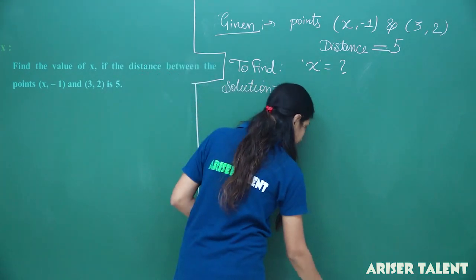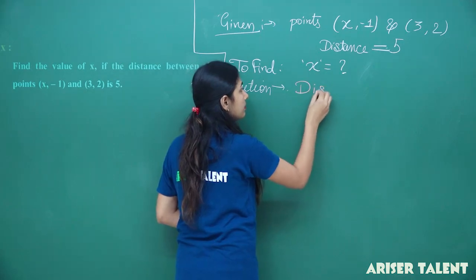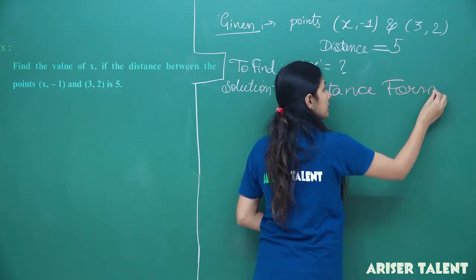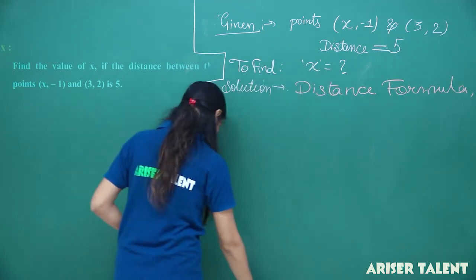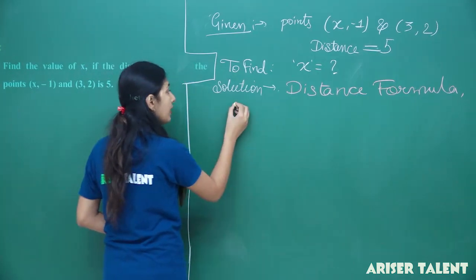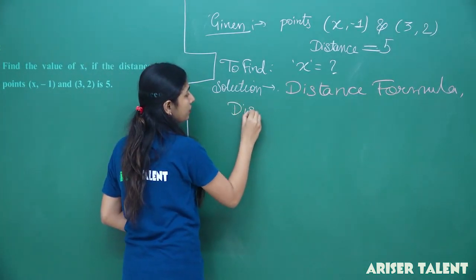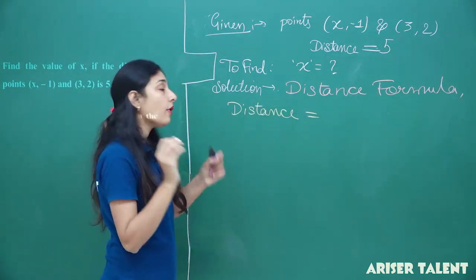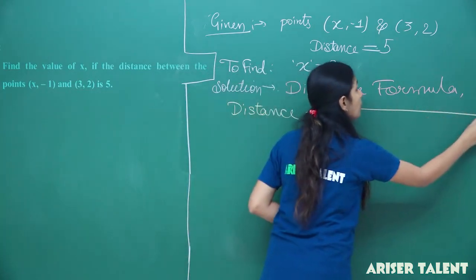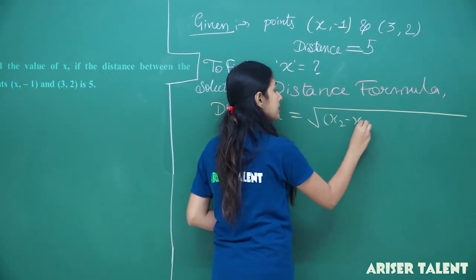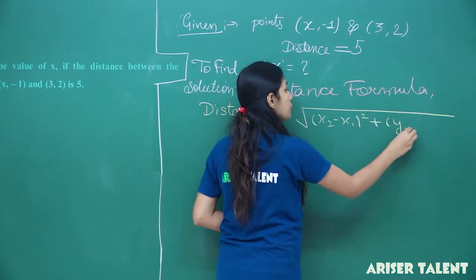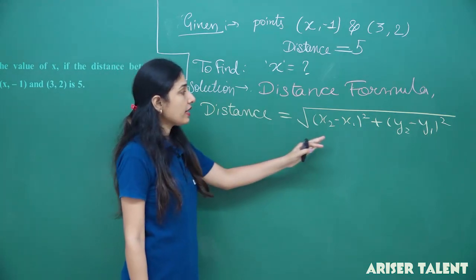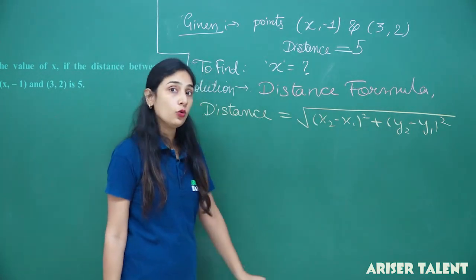We know that the distance formula is: distance between 2 points equals root of x2 minus x1 whole square plus y2 minus y1 whole square.